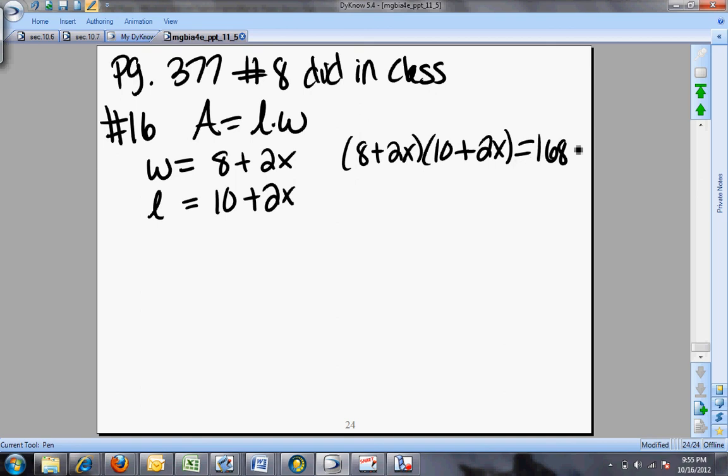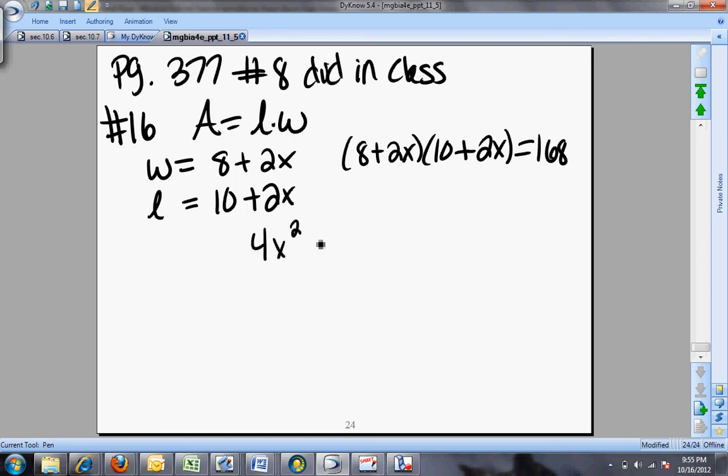So if you went ahead and foiled this, foil out the 8 plus 2x, and it doesn't matter if you had the 10 plus 2x first. Multiplication is commutative, so it could go either way. But if you foil that out and get it in standard form, you can try that, pause now, foil it, see what you get, and then come back.